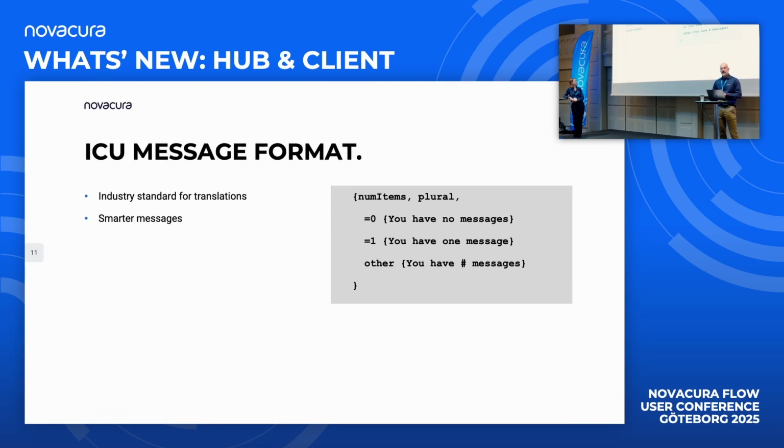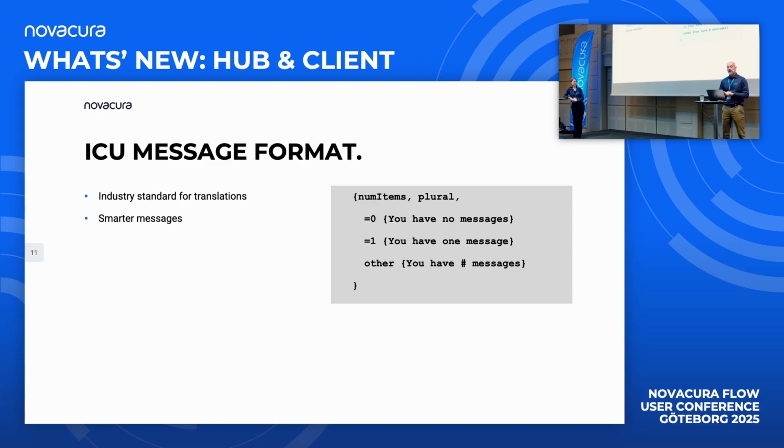So what is the ICU message format? It's an industry standard for handling translations, which means we're building on something that's widely used and well supported. And the big advantage is that it allows for smarter messages. For example, handling plurals, genders, and other variation in a much more natural way.